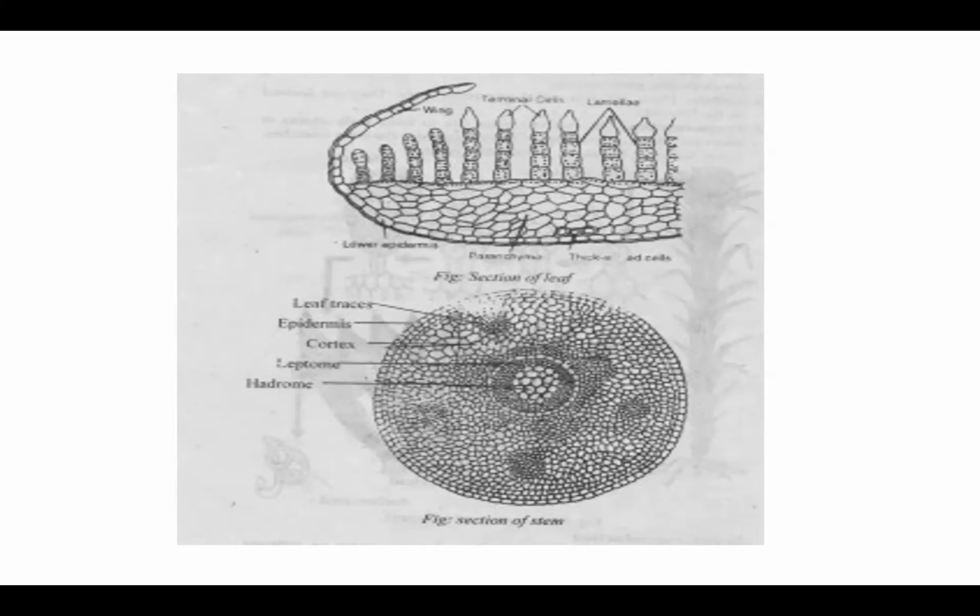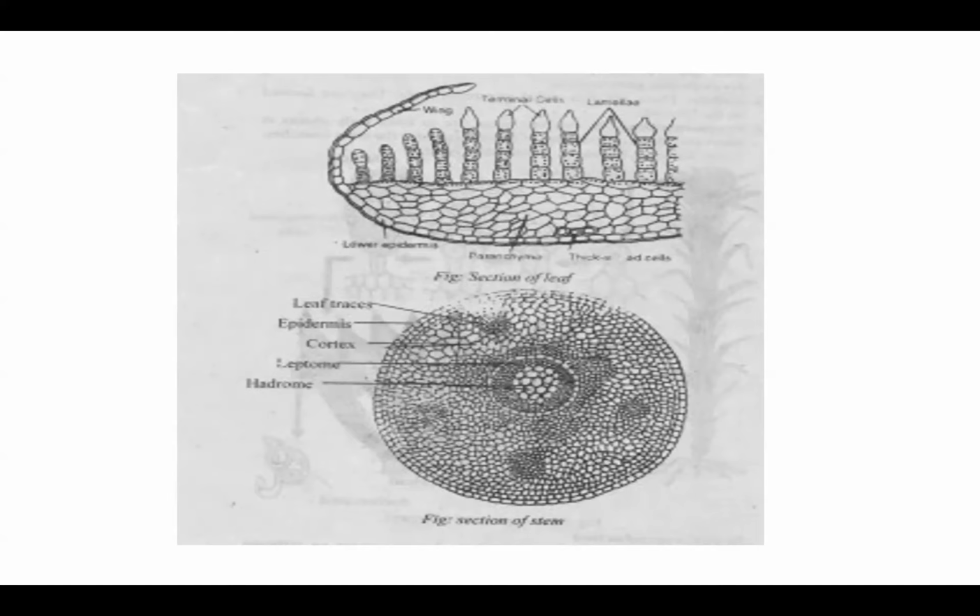Anyhow, it is a single-layered epidermis. Just below the epidermis, you will see the parenchymatous region. Through this epidermis, leaf traces will also arise. Just below the epidermis, you are seeing patches. Those patches supply water, so they are called leaf traces.